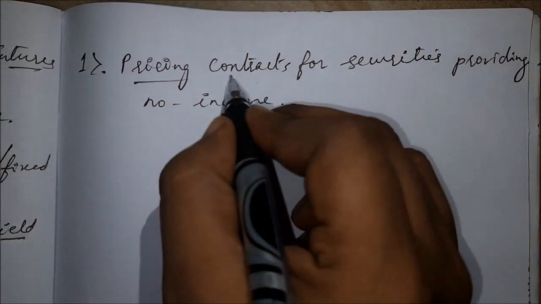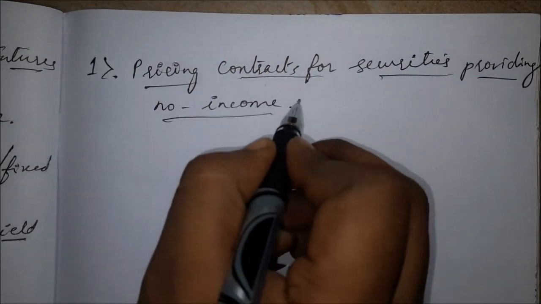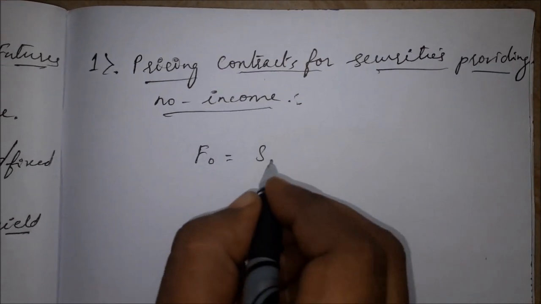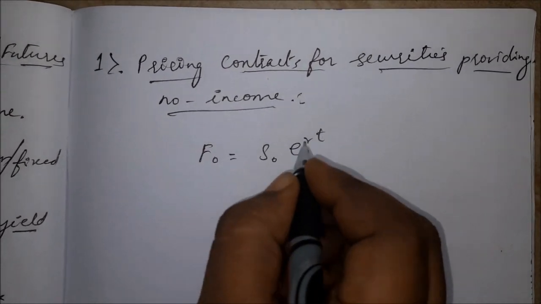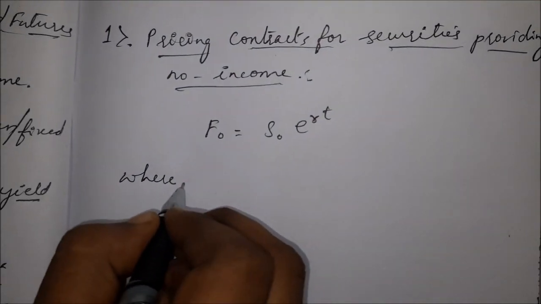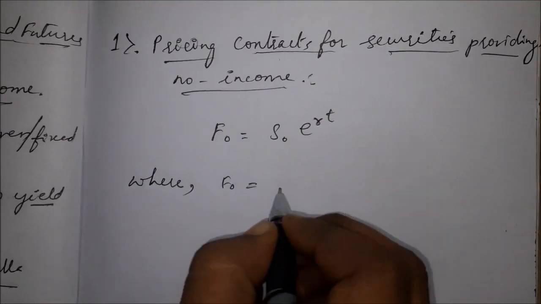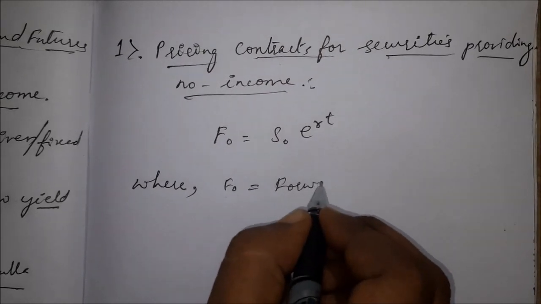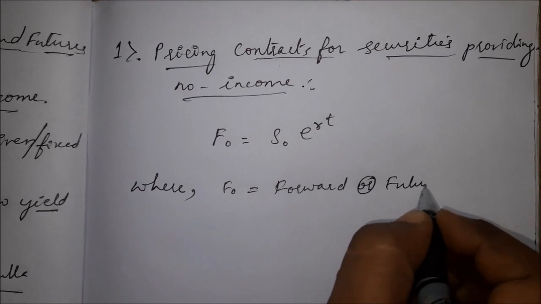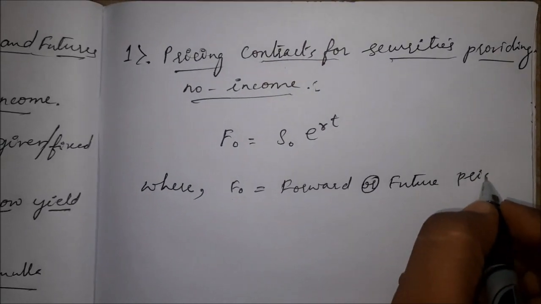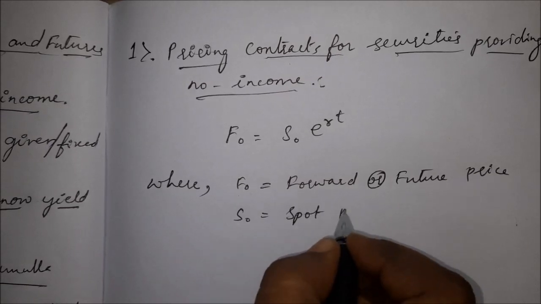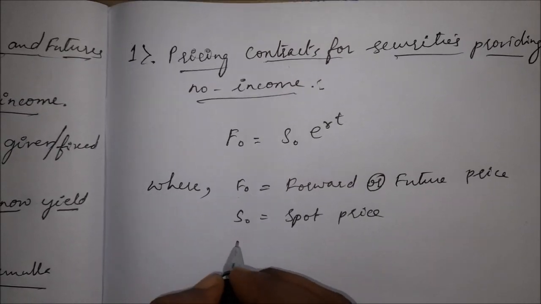When in the problem there is no income from securities, then you have to use this formula for calculating future price or forward price: F0 is equal to S0 into e to the power RT, where F0 is equal to future price or forward price, and S0 is equal to spot price or current price.